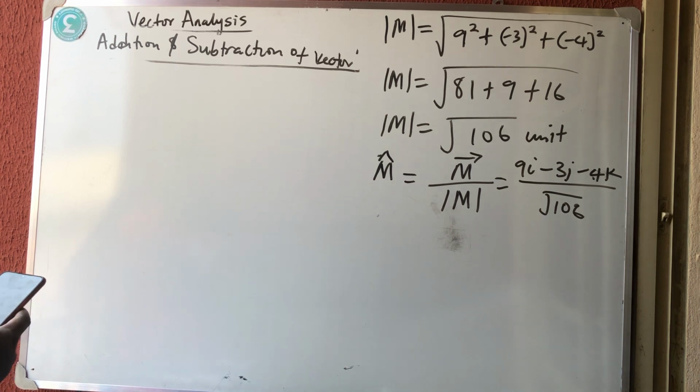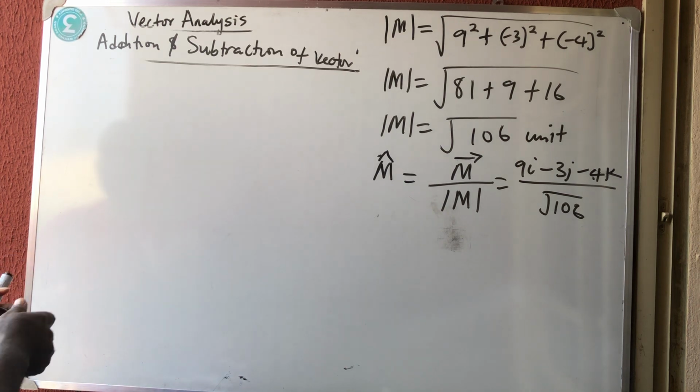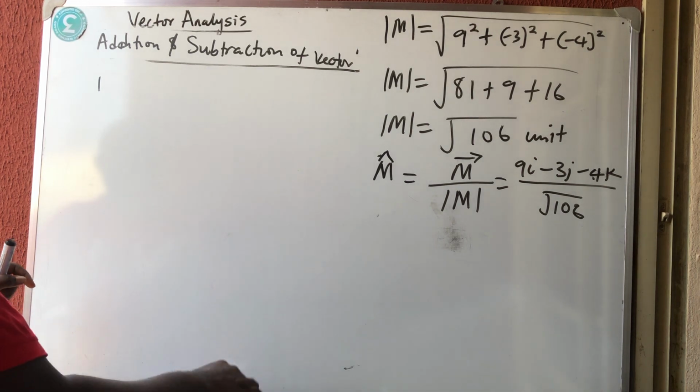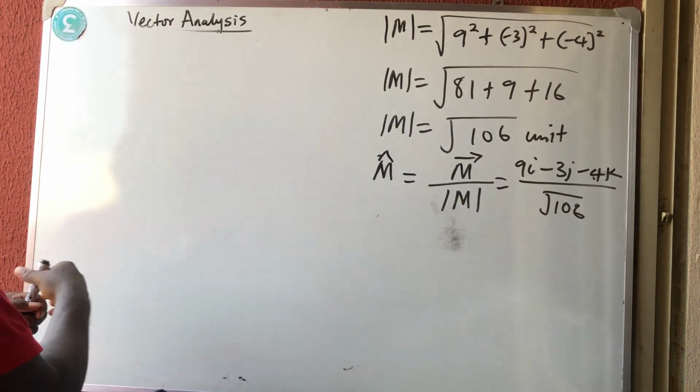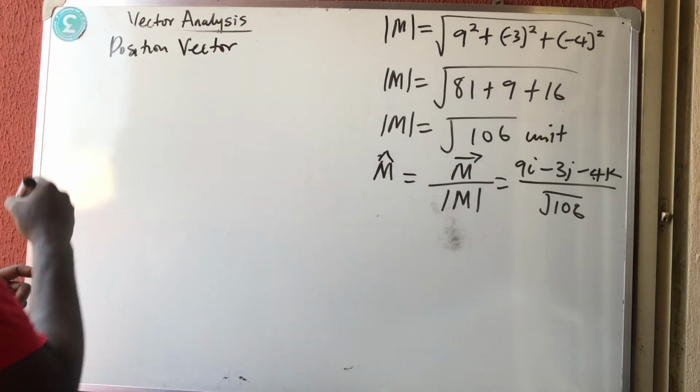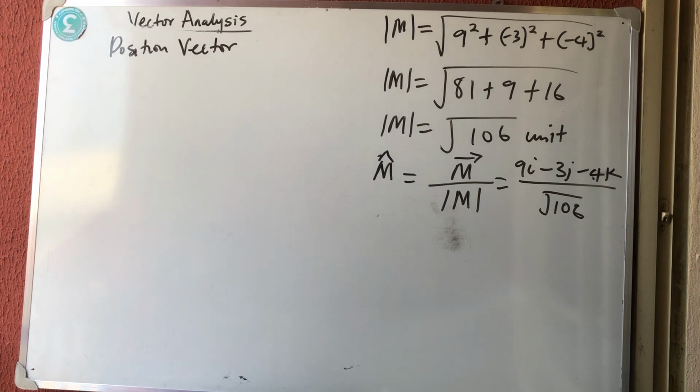Alright, so now position vector. Now, the position vector of the point P is the vector from the origin to the point P. Hence, position P is the displacement between the origin and the point. Okay?